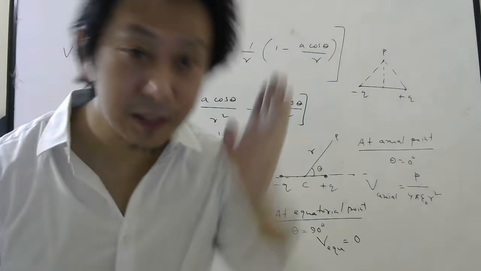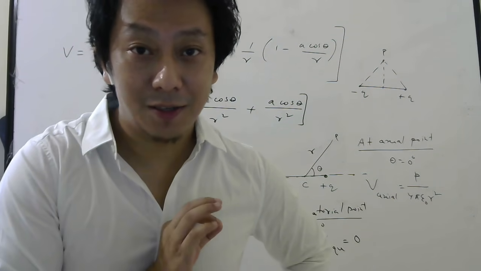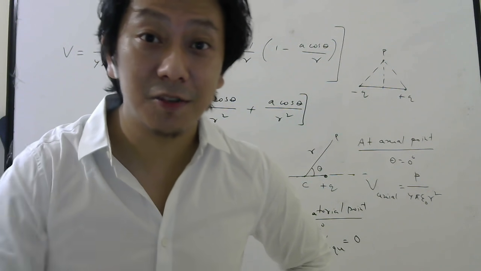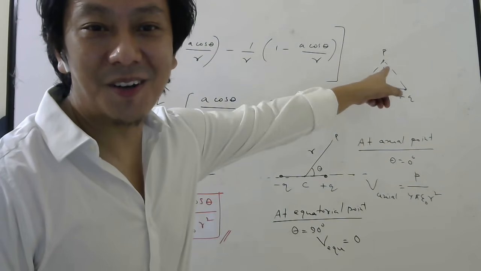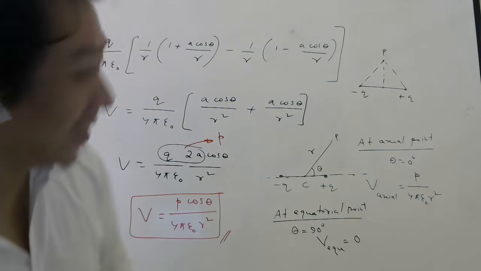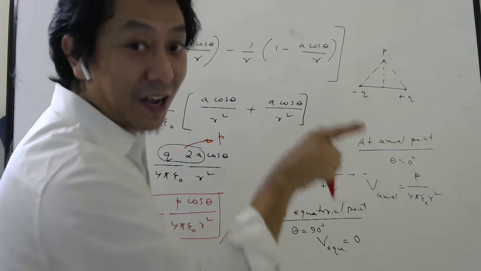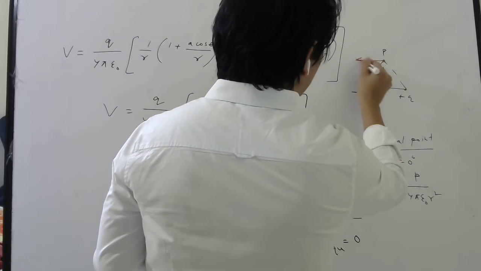So now answer this question for 1 mark. Give me one point where electric field is not 0, potential is 0. Quickly you tell. Equatorial point of a dipole, because you know electric field here is not 0. No, electric field here was in the opposite direction of dipole moment. So dipole moment is here, means electric field was here.